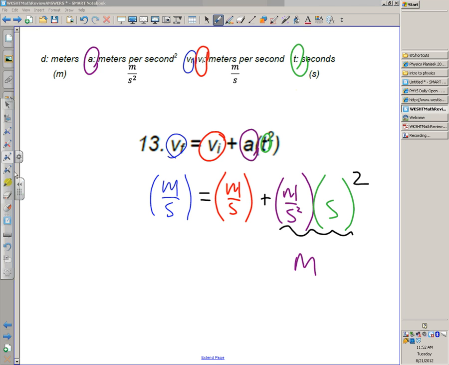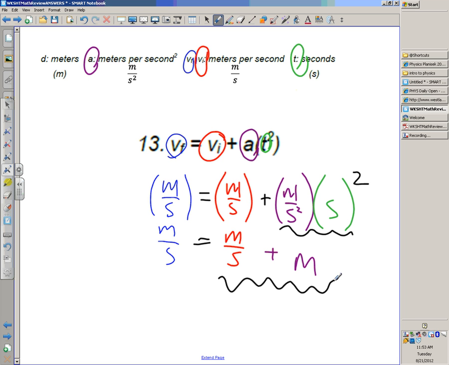Okay. Plus, not doing anything here. This is meters over seconds, right? And then we're not doing anything here. This is meters over seconds. If I take a look at this side of the equation, can I add meters over seconds plus meters? Can I do that? Okay. Now mathematically, you can't add variables like that, right? If I have x over y plus z, I can't just combine them all together.